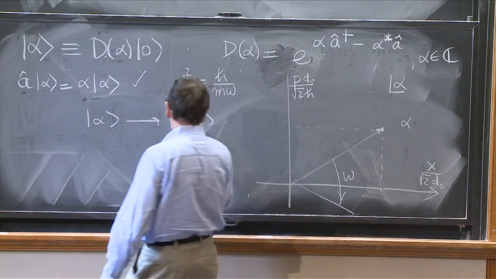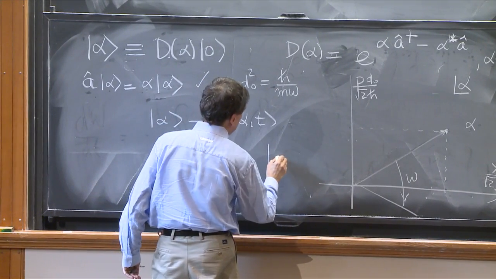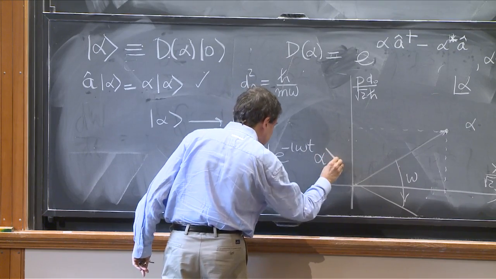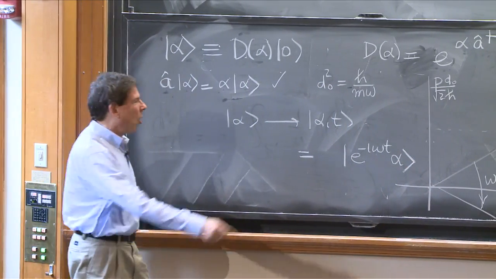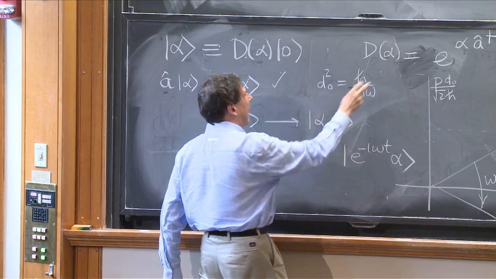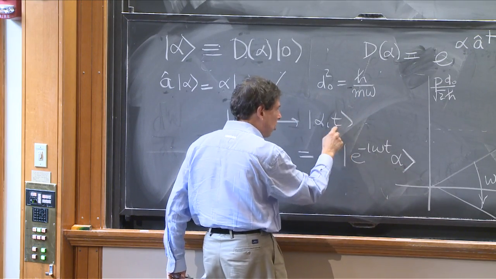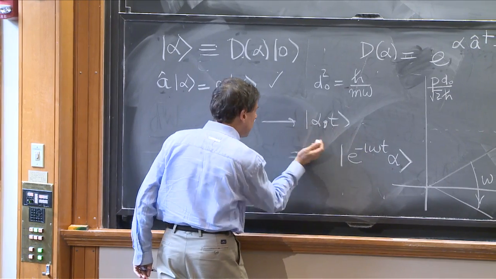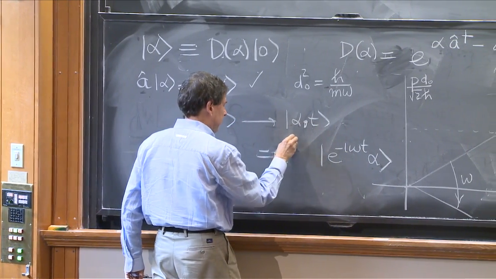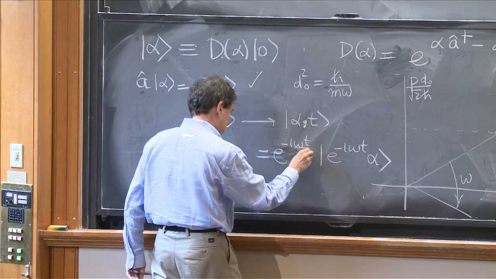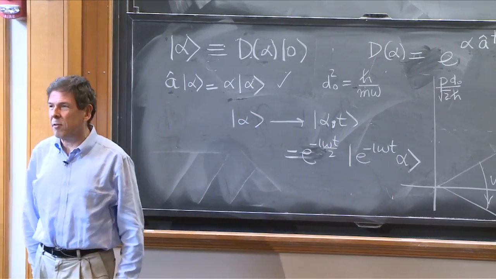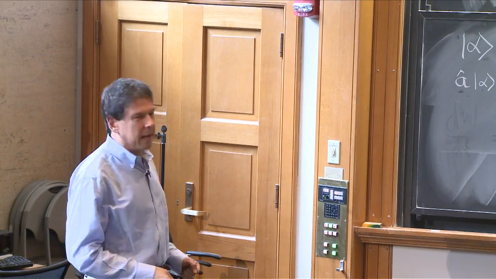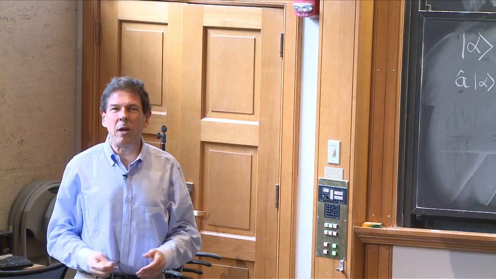So this thing was the coherent state e to the minus i omega t alpha. So this whole complex number, instead of being alpha, is just this. This is the time development of the state. And there was a phase here, e to the minus i omega t over 2, that was not very relevant. But that's what the state was doing in time. So basically, that's where we got last time.